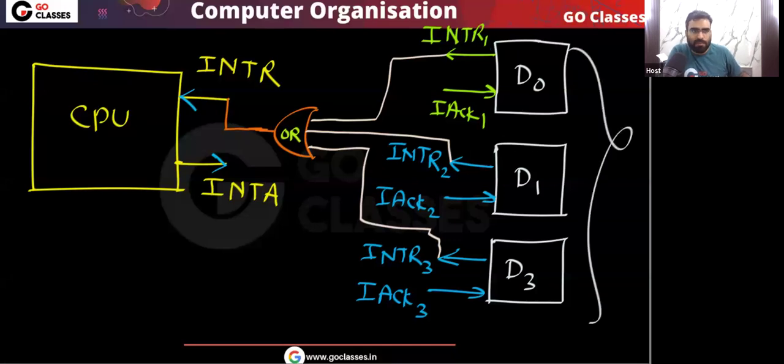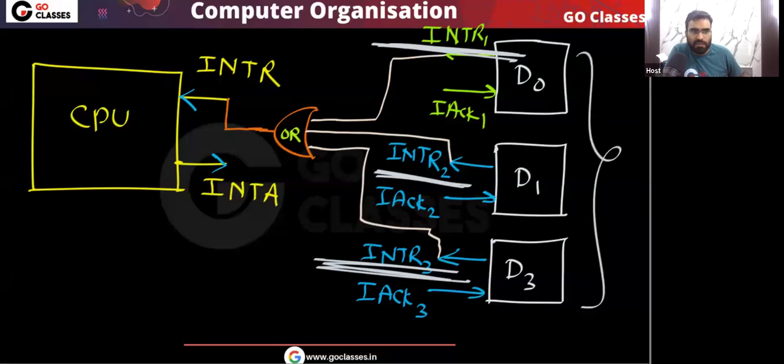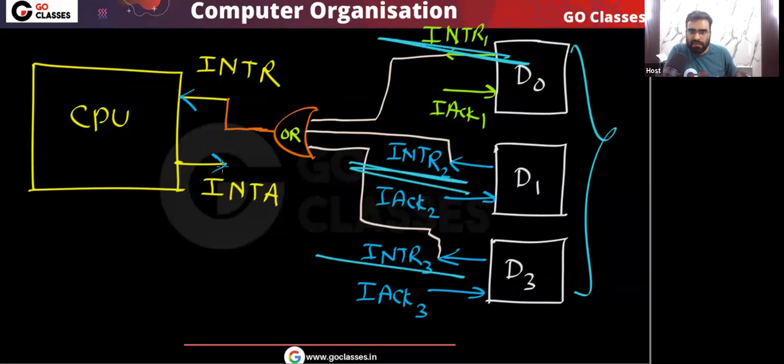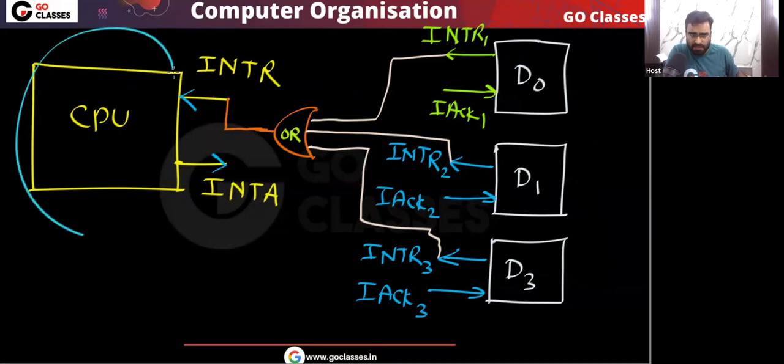If any of them, this interrupt request or this one or this one, has an interrupt request, then this INTR will become one. That is the reason we are putting an OR gate. Yes or no? Then the CPU will get the INTR signal. Is this clear, how they are connected?